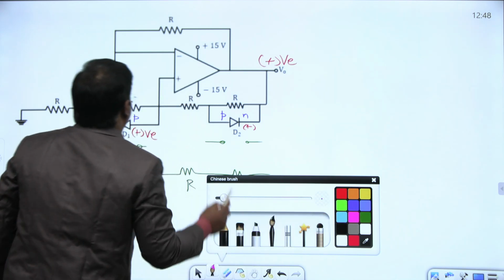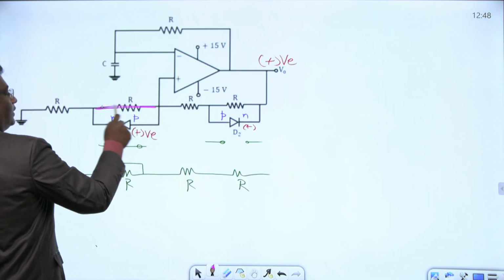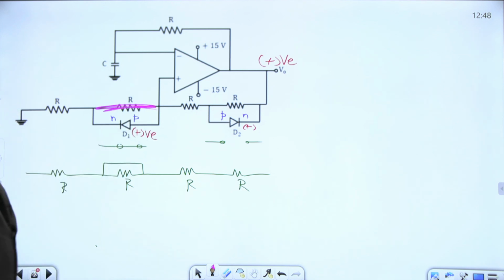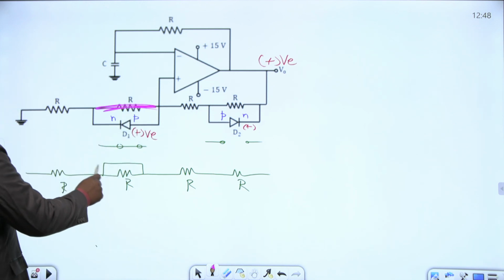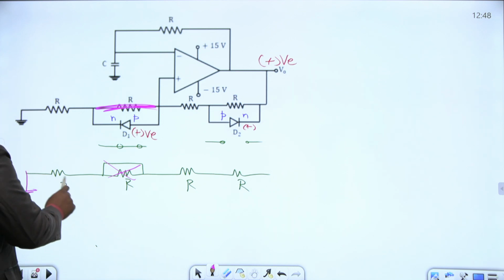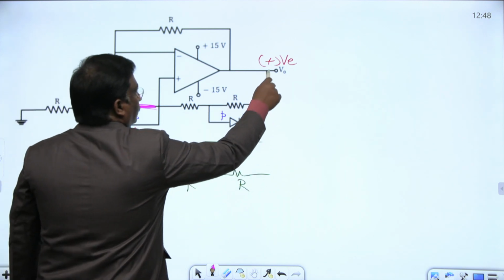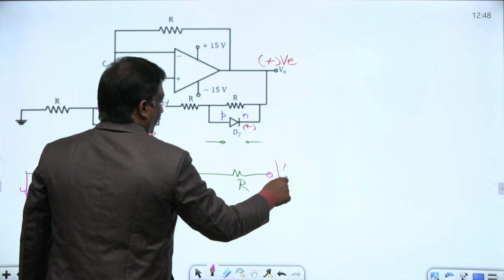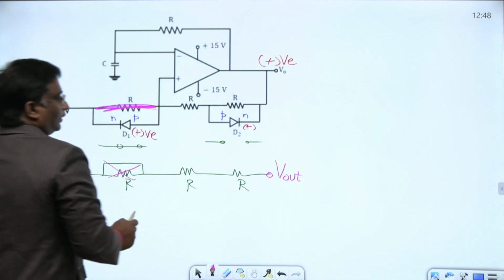No significance to that resistor, and you have only this path: R, R, R, and this is the Vout.